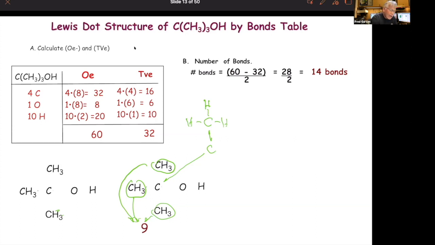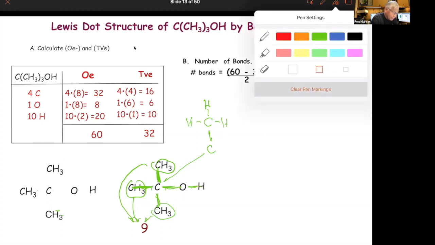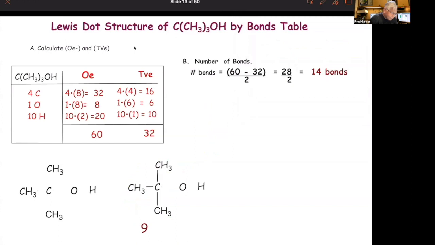That means that 14 minus 9, we need 5 more bonds in the structure. Those 5 bonds are going to be between this carbon, this carbon, this carbon and oxygen, and that hydrogen, and that's your 5. 1, 2, 3, 4, 5. So that's your structure right there for a total of 14.